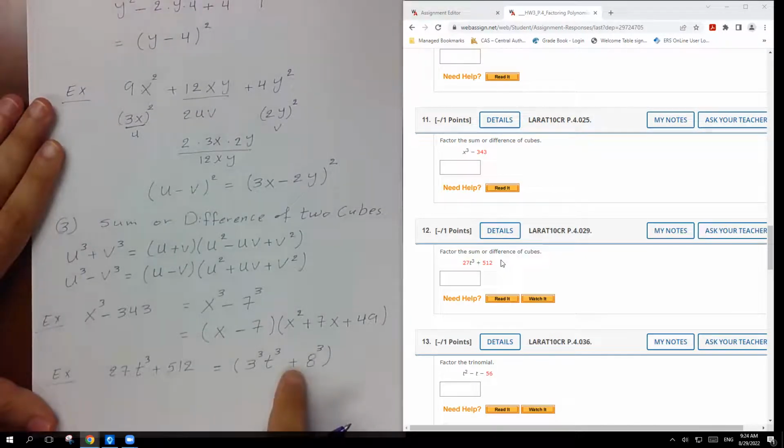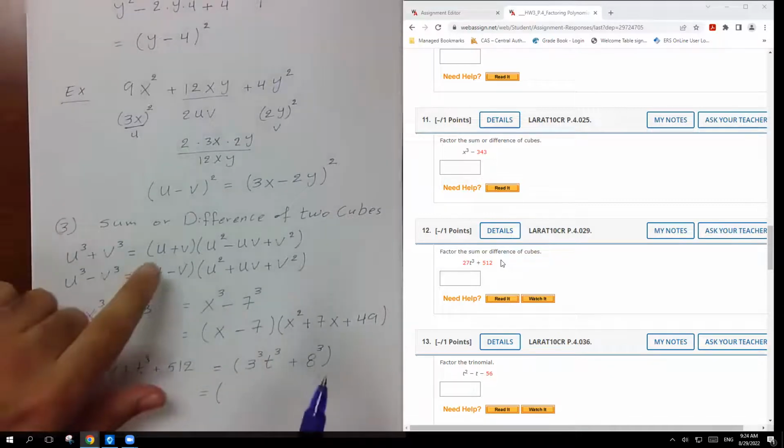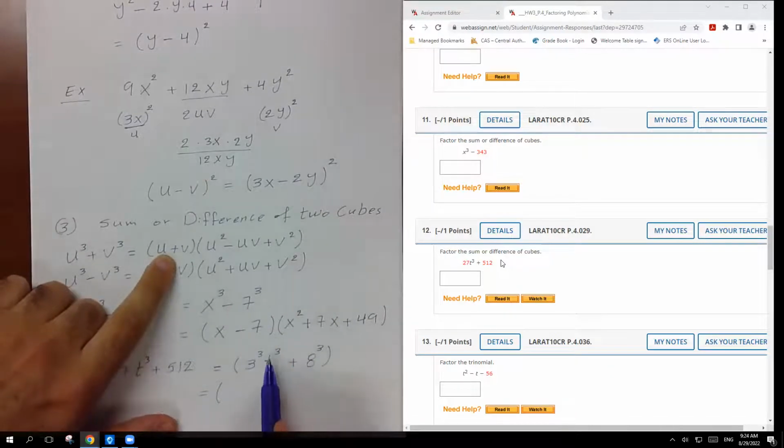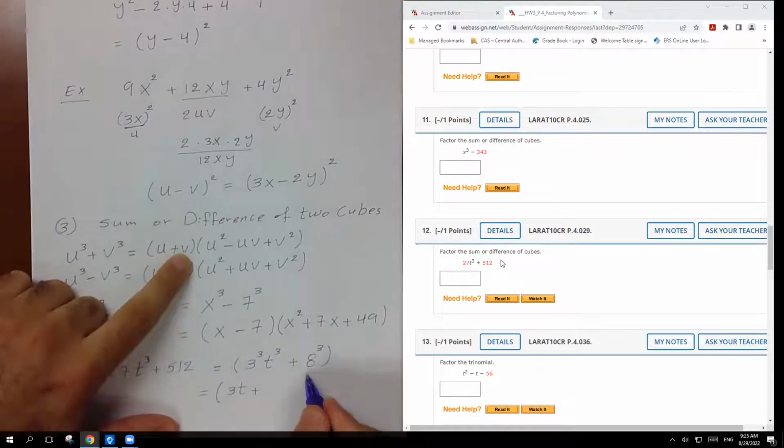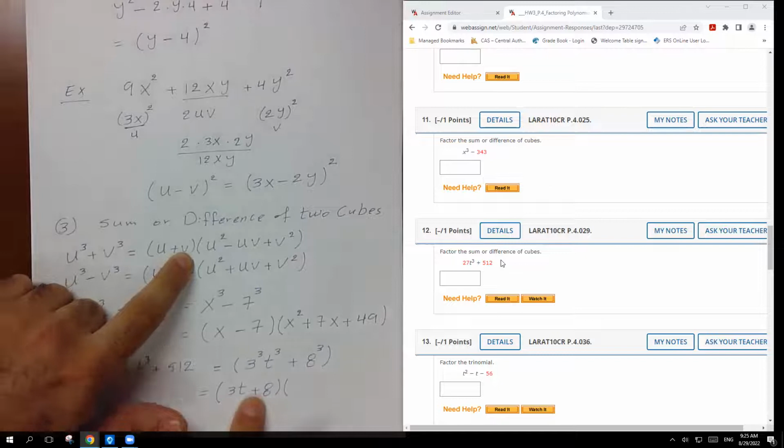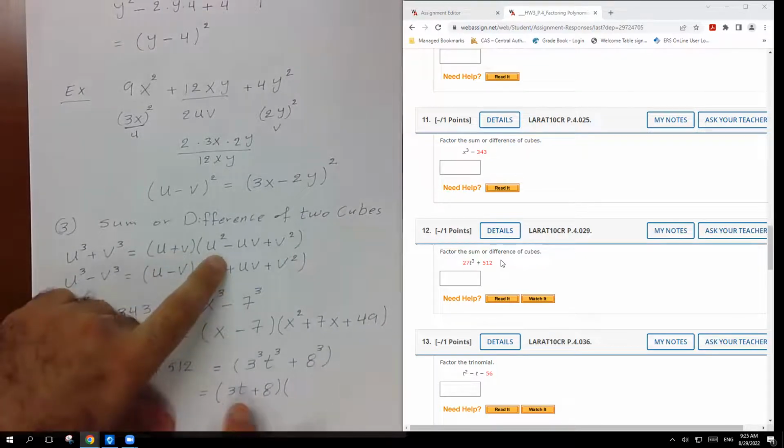So this is sum between two cubes. So I'm going to open, this is equal. The first rule, I'm using this one. The cubic root for the first one is going to be 3t, plus the cubic root for the second one is going to be 8. Then I'm going to work on this parentheses. The first one squared.